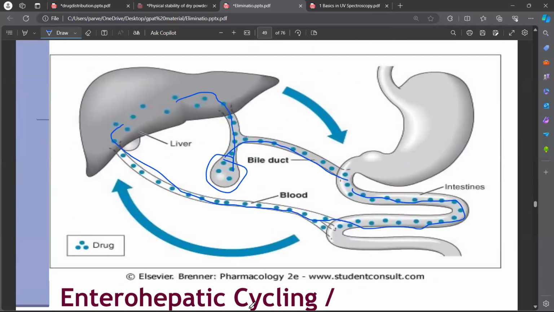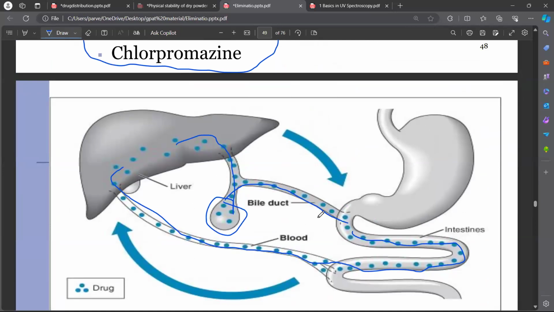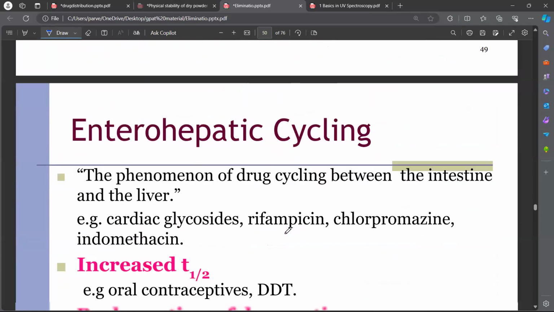This is the enterohepatic circulation, where the drug is circulated between the liver and the intestine, because the drug becomes a substrate for bile acid transporters. The drug is released along with the bile and absorbed along with the bile, so the drug rotates between the liver and the intestine, and its residence time in the body increases, which may lead to toxic effects.